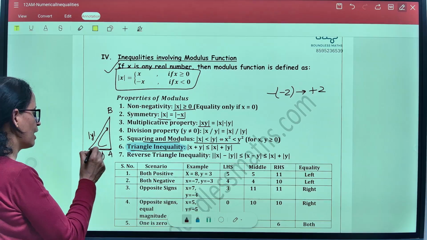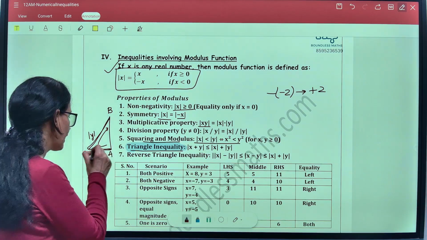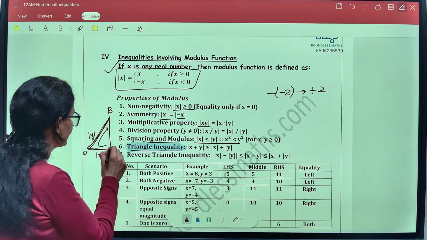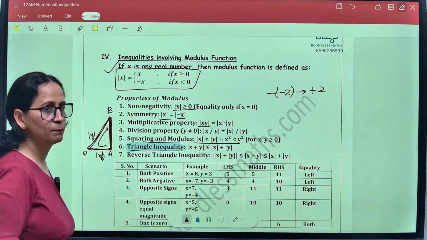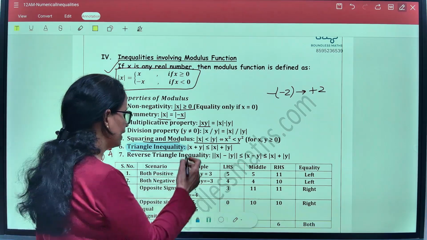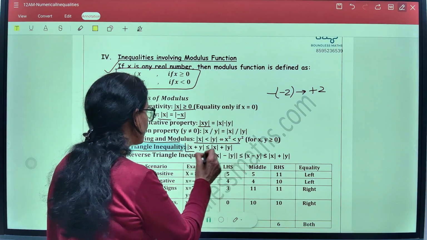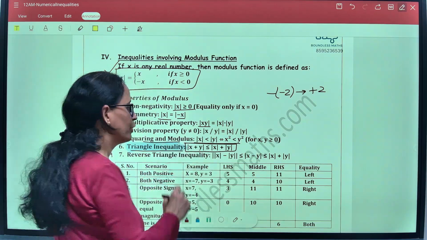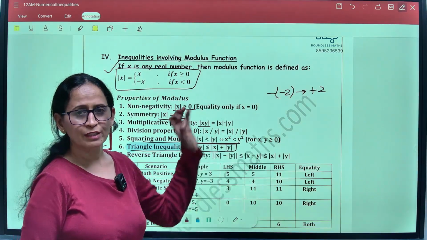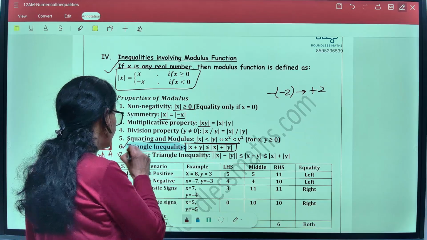So the distance traveled is mod of x plus mod of y. The sum of these two sides will always be greater than the third side, which is the shortest distance between A and B. We have already learned this in geometry in lower grades, but how do we write it in terms of inequalities? Mod of x plus y is less than or equal to modulus of x plus modulus of y.